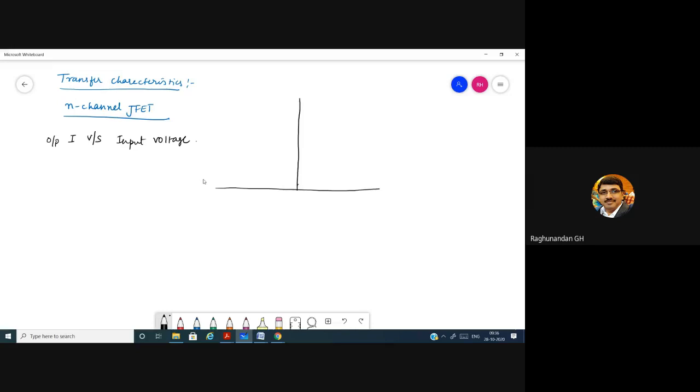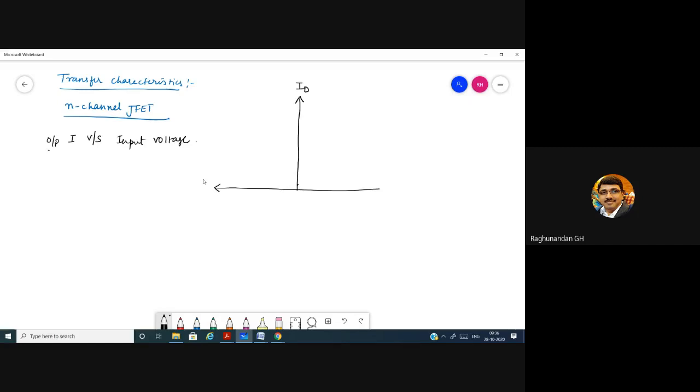Yesterday we had drawn the graph of drain characteristics: ID and VDS, drain current versus drain to source voltage, keeping gate to source voltage constant. Okay, so now we have to plot the transfer characteristics.